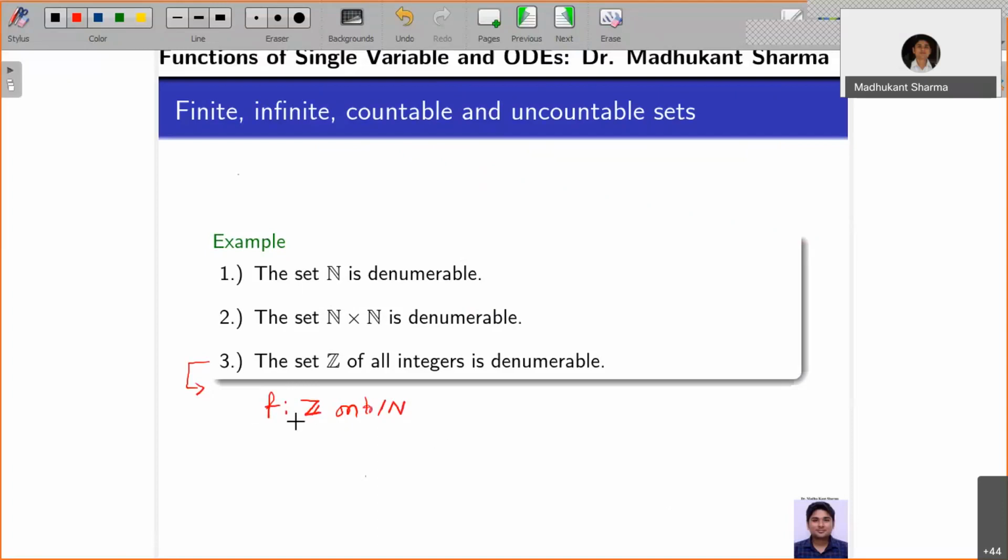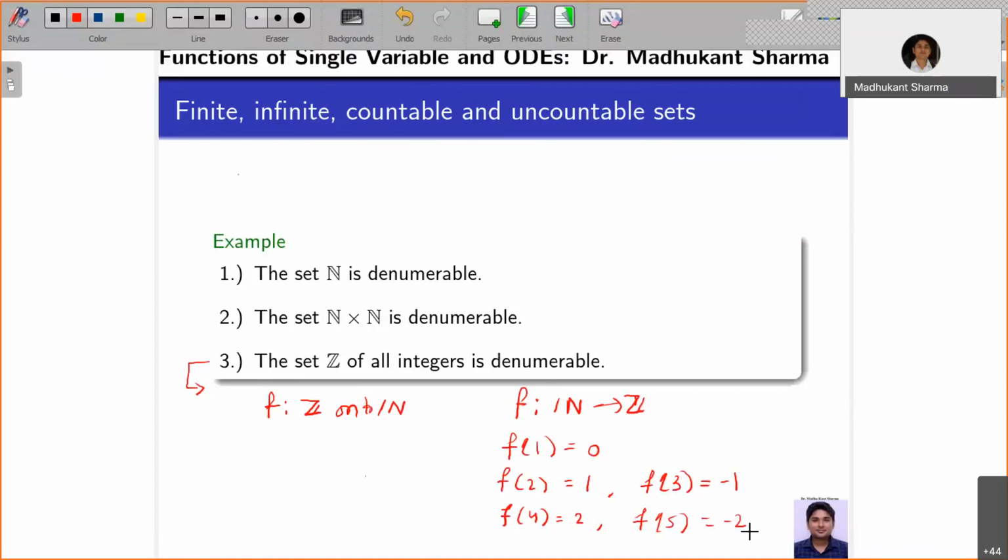We are going to define a map f from N onto Z as follows. f of 1 is 0, f of 2 is positive 1, f of 3 is negative 1, f of 4 is positive 2, f of 5 is negative 2, and so on.